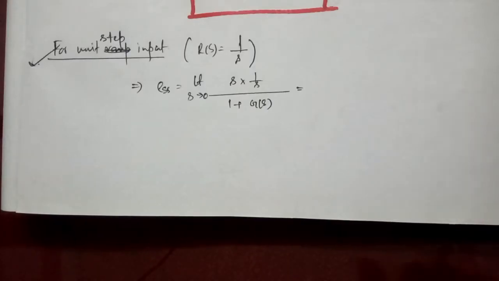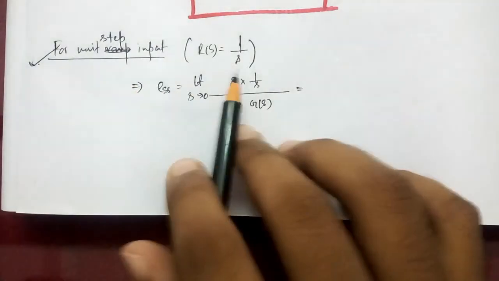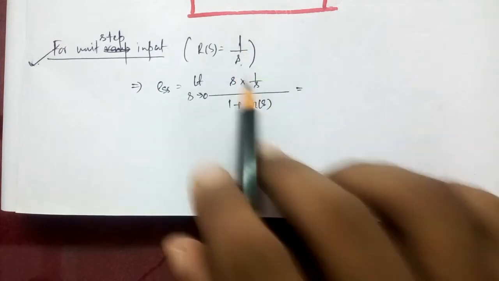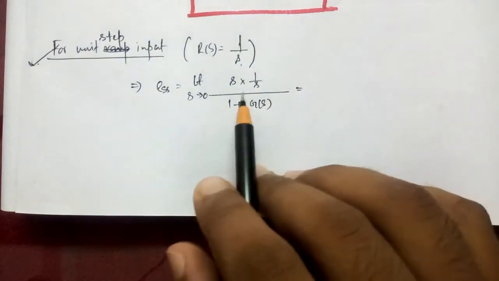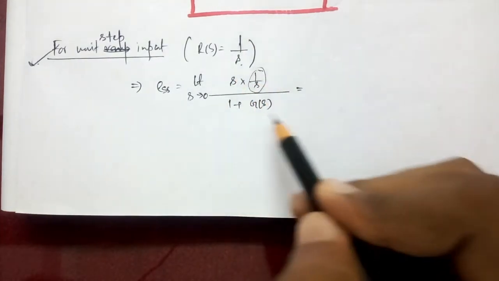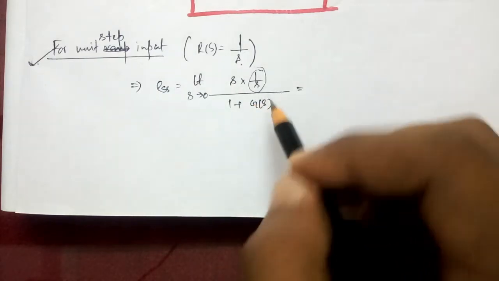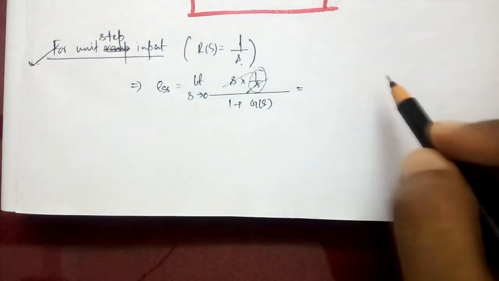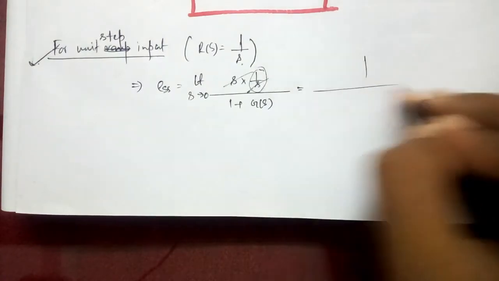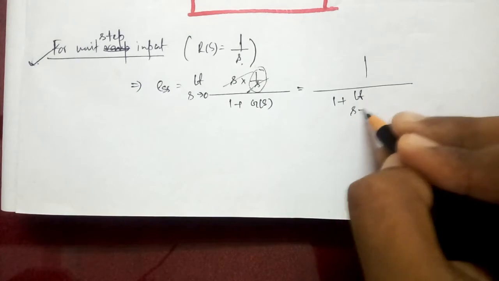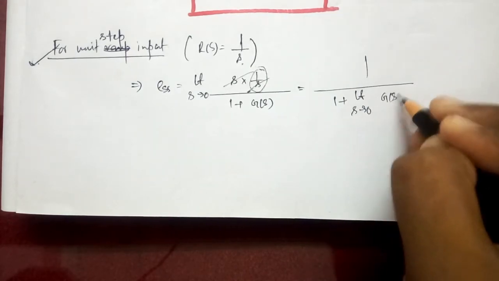Now first we are taking unit step input. The Laplace transform of unit step is 1 by s. We are putting that 1 by s value in the steady state error formula. So the s term and s term will be cancelled, and it will be 1 by 1 plus limit s tends to 0 G(s).